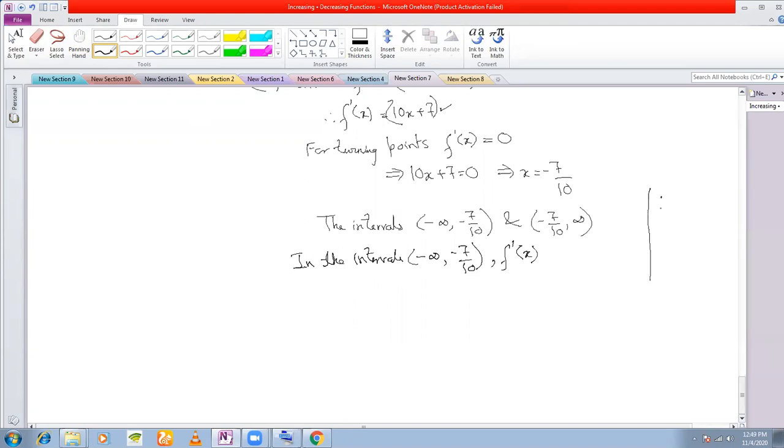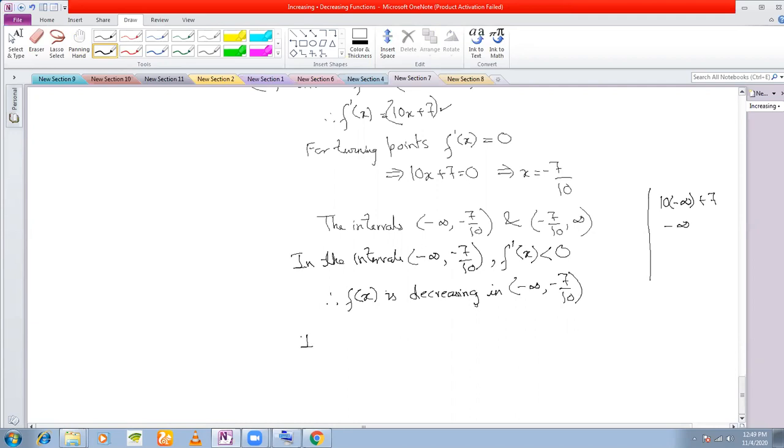You put minus infinity, 10 into minus infinity plus 7 will give you minus infinity. So f dash x is negative. That means f(x) is decreasing in this interval, minus infinity to minus 7 by 10.